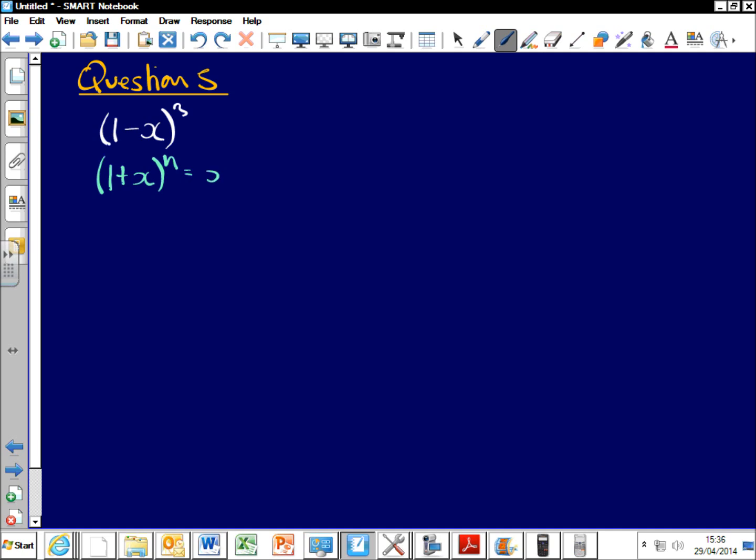What you get is x to the power of n plus n choose 1 times x to the power of n minus 1 plus n choose 2 times x to the power of n minus 2, and this just keeps going until you get to n choose n x to the power of n minus n, which is 1, because x to the power of 0 is 1.